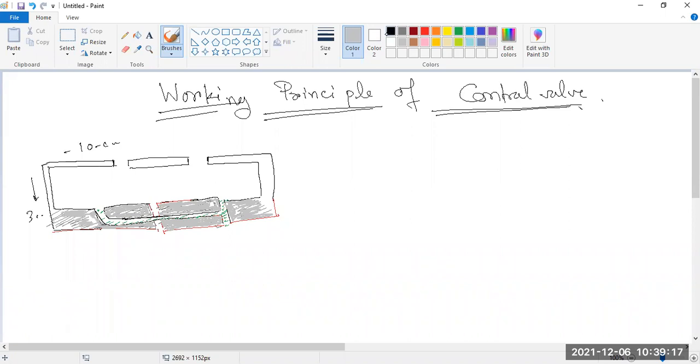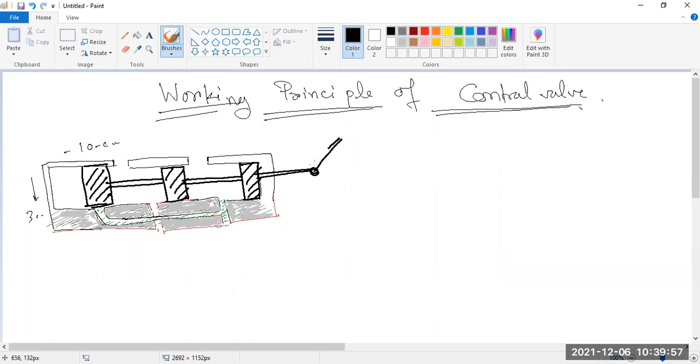Okay, and what does the spool look like? Okay, this is the connection of this spool, and here is a piston, then this side is connected over here, and this side is connected over here.